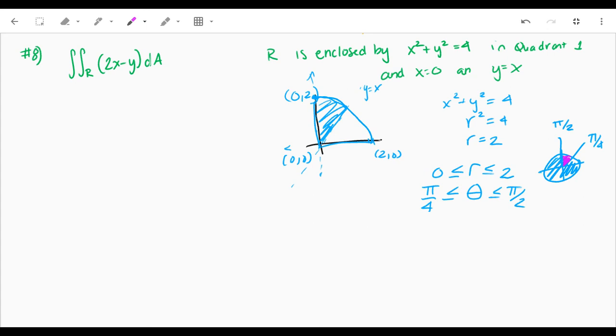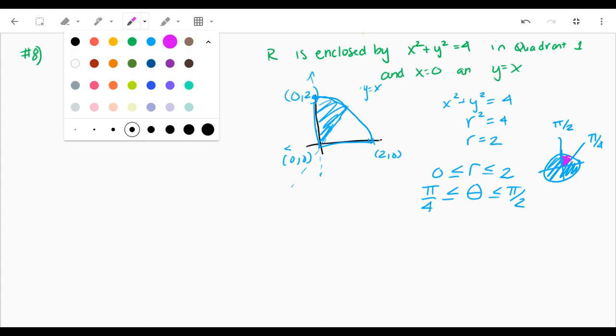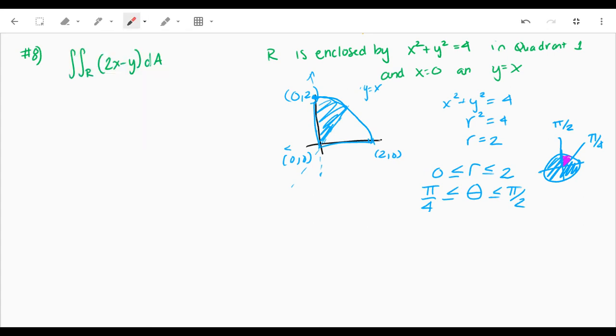So the next thing we can do is we're going to have the integral. Now, just like with rectangular, we can switch the order, and we can mess around with this a little bit. I'm going to do the 0 to 2 for the r, and the pi over 4 to pi over 2 for the thetas.